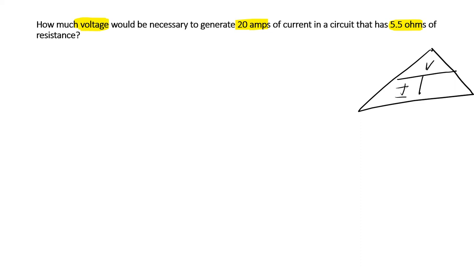volts, I, R. I'm looking for volts. I put my finger over the volts. I times R. So that's going to give me I times R. I is what? 2. R is what? 1.5.